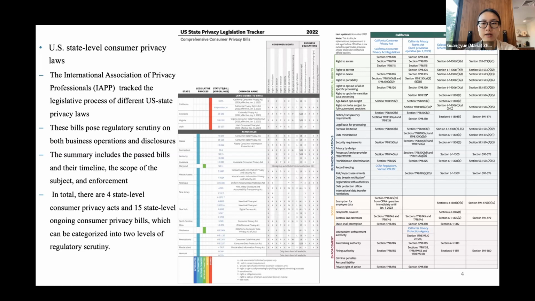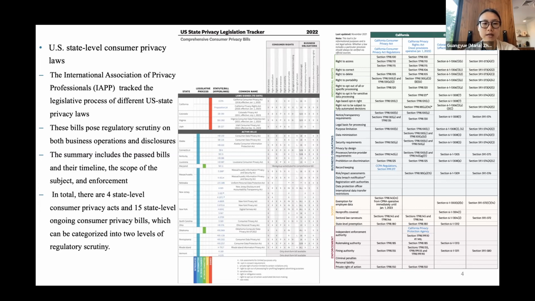For those that are signed into law already, they provide more detailed information like the scope of the law and also the enforcement of the law, as you can see on the 2 charts in this slide. You can refer to these charts on their website for more detailed information. Basically, these bills can be categorized into 2 levels of regulatory scrutiny. One level is more strict, the California line of consumer privacy laws.